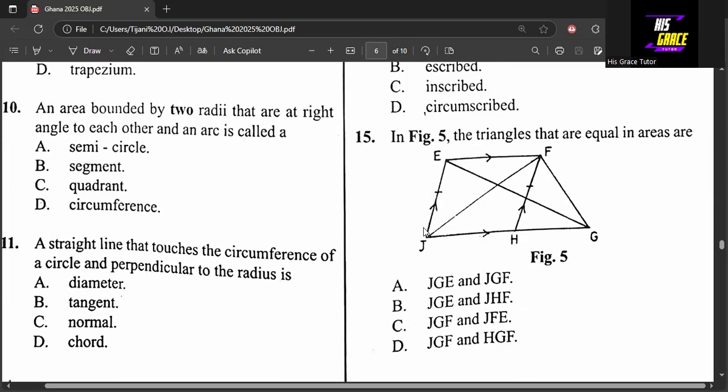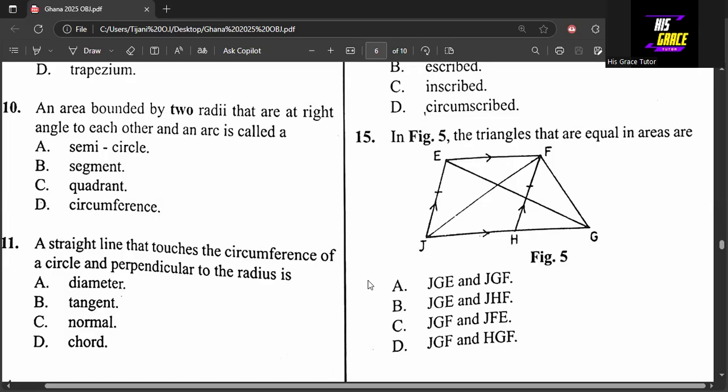Then question 15. In figure 5, the triangles that are equal in areas are. Here you have to know the theorems of equal areas.